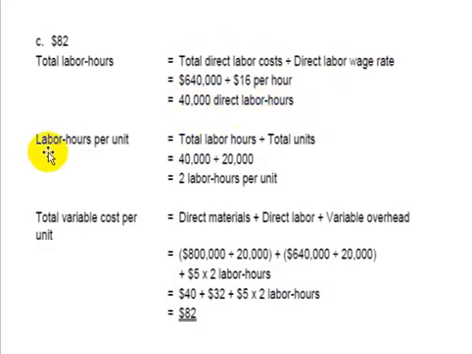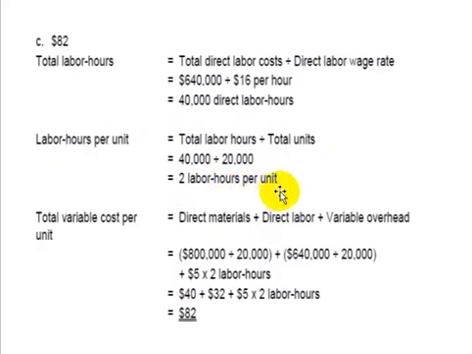Then we calculate labor hours per unit: total labor hours divided by total units. We have 40,000 direct labor hours to produce 20,000 units, so we need 2 labor hours per unit.